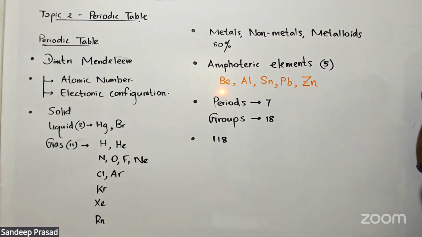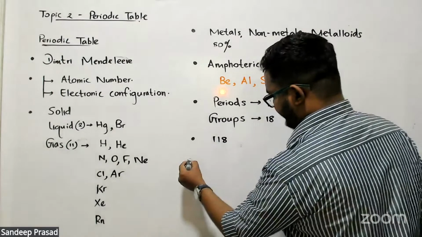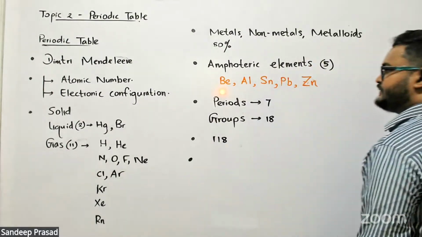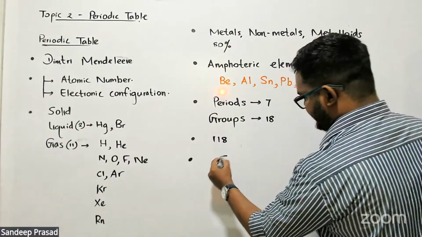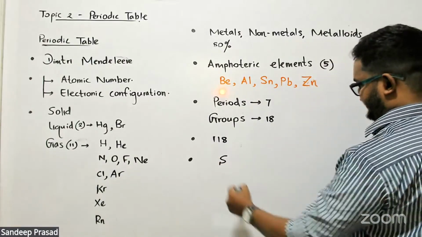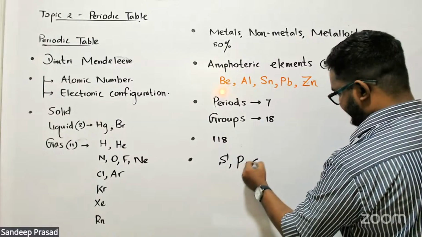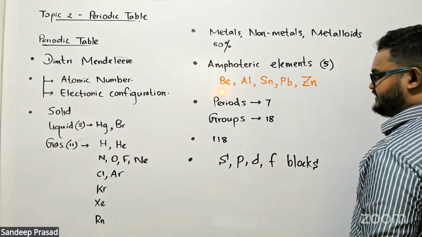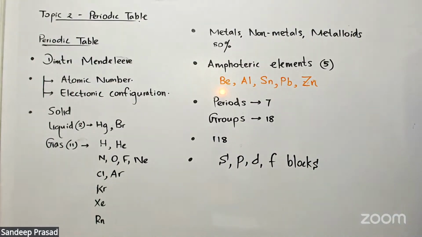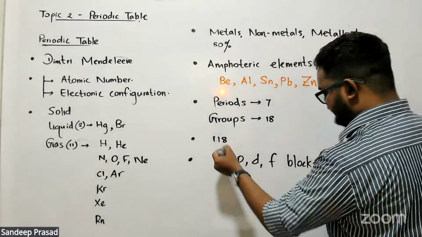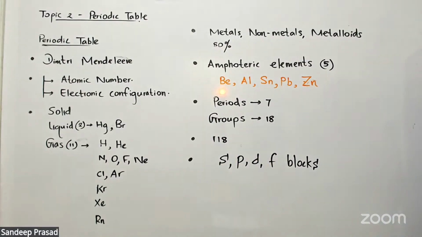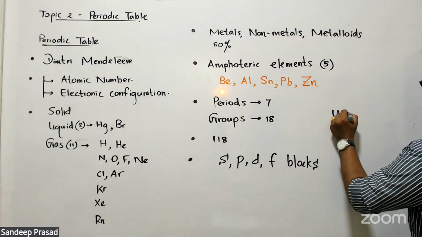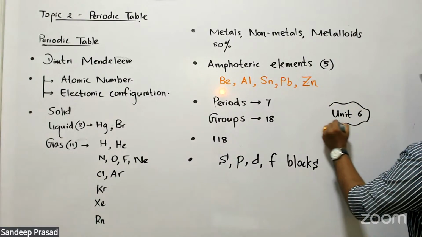Understood? The next thing is that we can have a blockwise classification: S, P, D, F. These 118 elements can be classified as S block, P block, D block, and F block. In our syllabus, unit number 6 is the chemistry of SPD block elements.